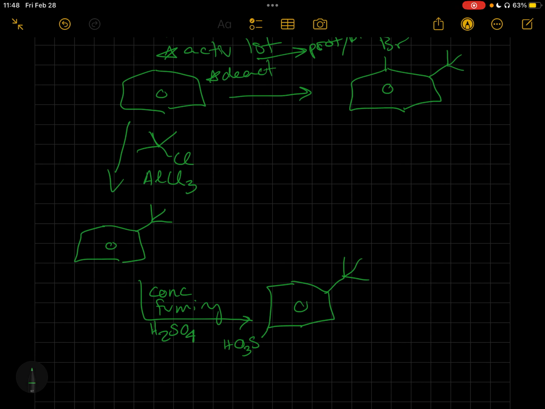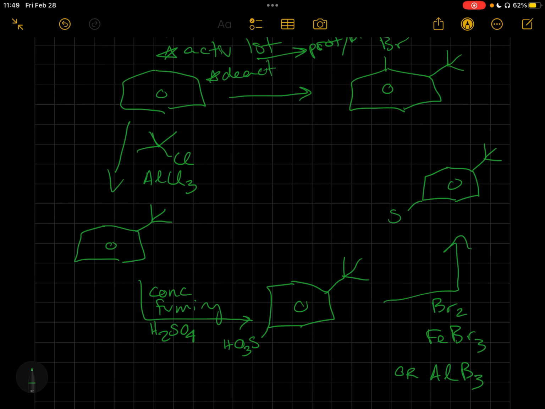Now we can do our bromination this time, Br2 with iron tribromide. Or, we haven't used it much this time, it could have been aluminum tribromide. So that will give us the structure with our bromine attached.